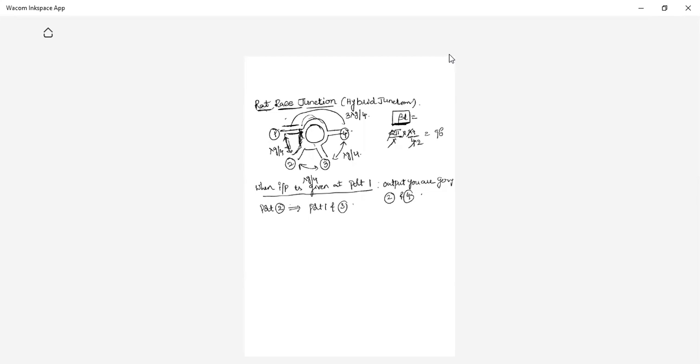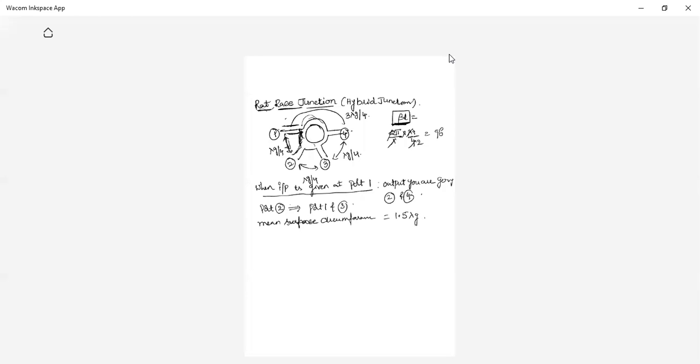And I have given one statement. The mean circumference of the rat race junction is 1.5 into lambda g.